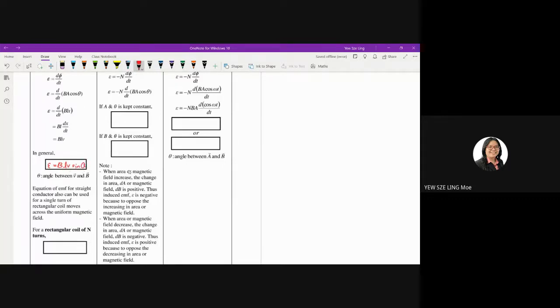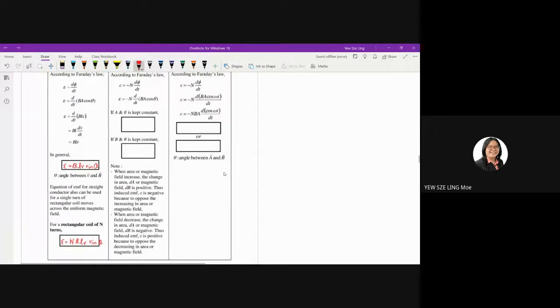And for a rectangular coil of n turns, basically you just put n in front of it: N B L V sine theta. So this is for a straight conductor. As you pull it, you are changing the area. So from changing the area, you then derive and obtain this equation.